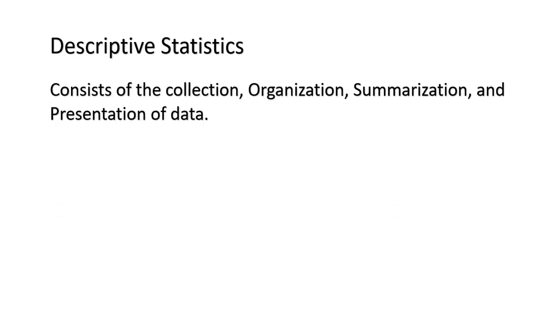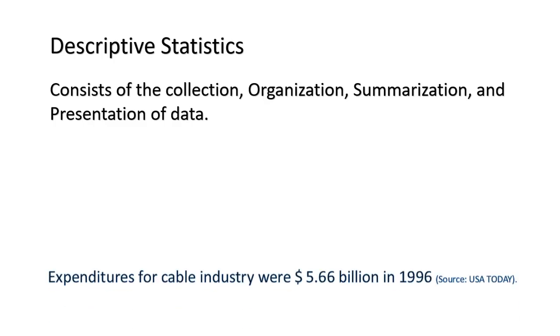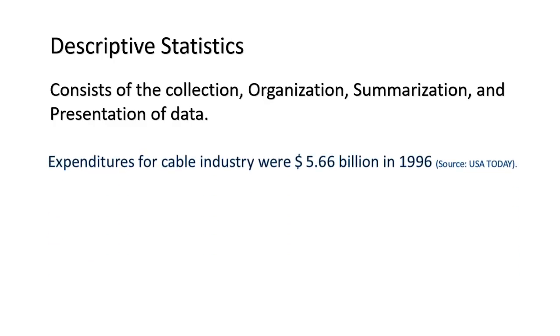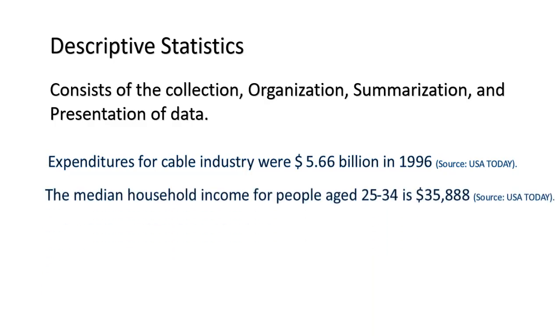Descriptive statistics consist of the collection, organization, summarization, and presentation of data. The following examples show descriptive statistics. Number 1. Expenditures for the cable industry were 5.66 billion in 1996. Number 2.